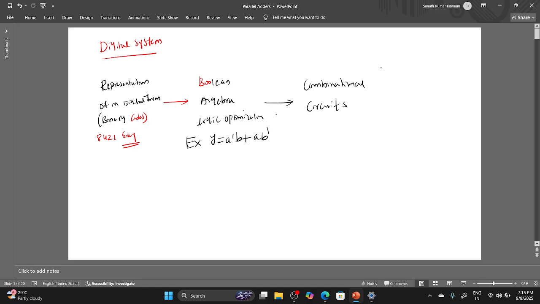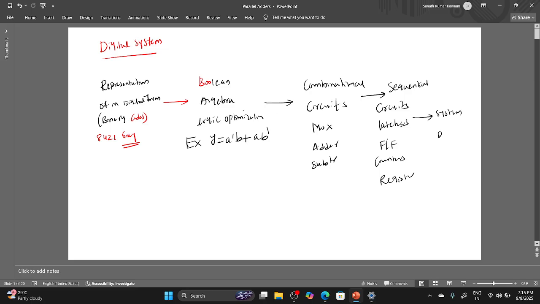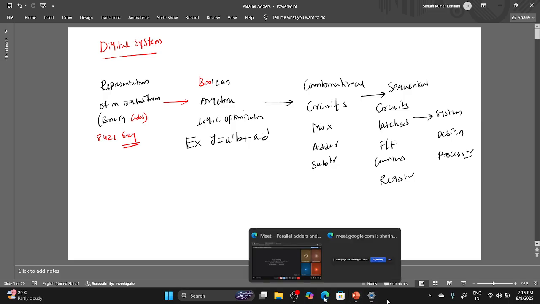And next you have sequential circuits, like latches, flip-flops, counters, and registers. And next system design, where you have a processor. So basically this is a digital system, and we'll study these things in the digital system.